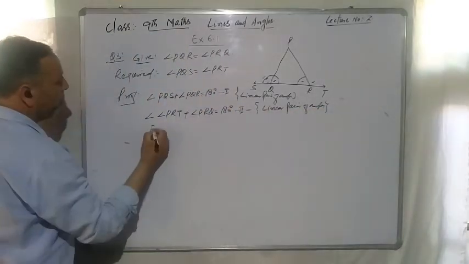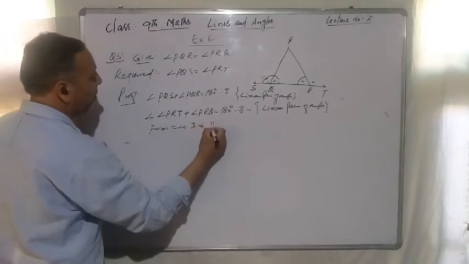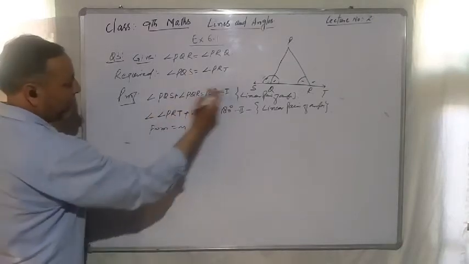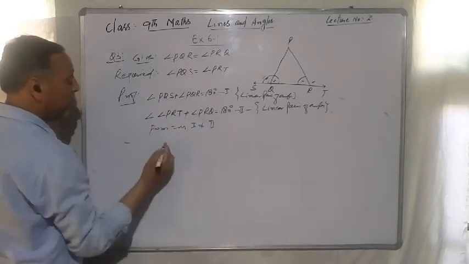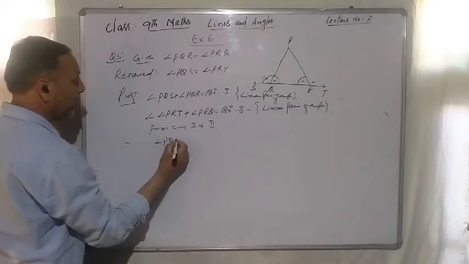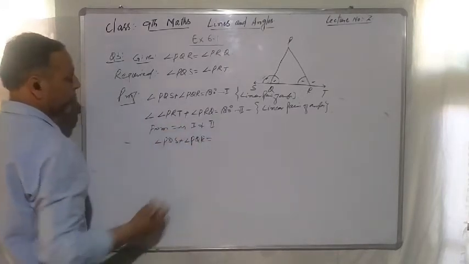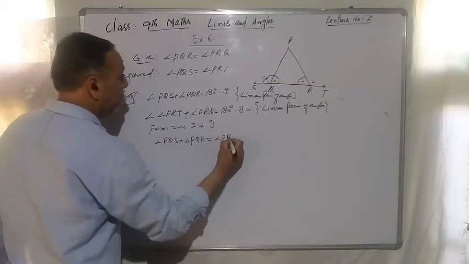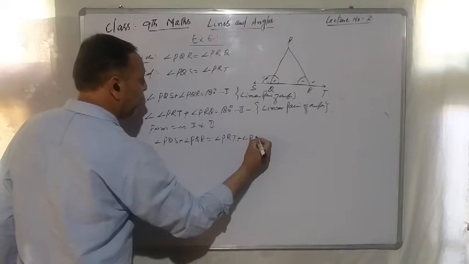So from equations first and second, because right hand side of both the equations are equal, therefore their left hand sides must also be equal. That means angle PQS plus angle PQR must be equal to angle PRT plus angle PRQ.